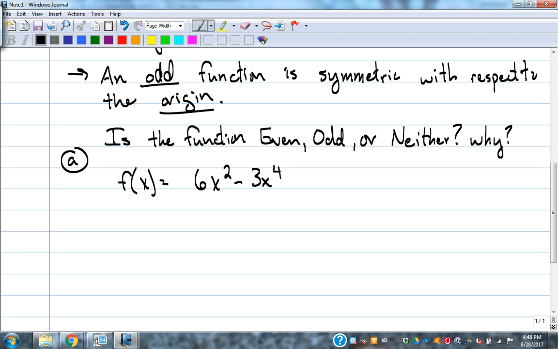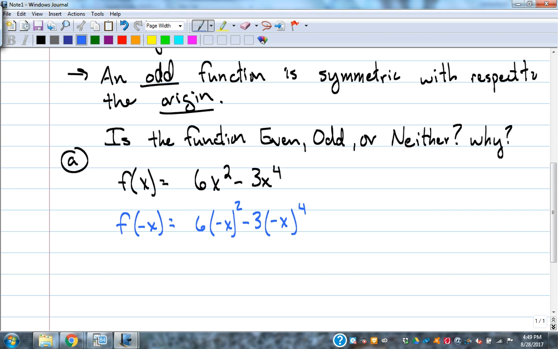So here's our function. f of x is equal to 6x squared minus 3x to the fourth. Doesn't really matter that that's a high degree polynomial, and we haven't done anything with high degree polynomials yet. But it's all based on even odd rules. Technically, the rule is plug in negative x and work it out. I hope everyone can see that there is a shortcut to that.